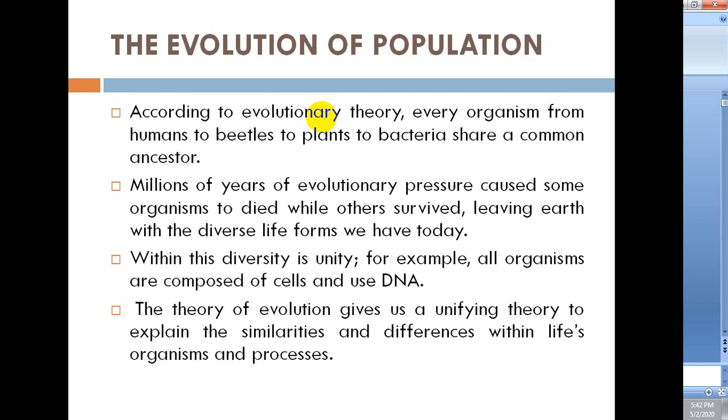Within this diversity is unity. For example, all organisms are composed of cells and use DNA, and the theory of evolution gives us a unifying theory to explain the similarities and differences within life's organisms and processes.